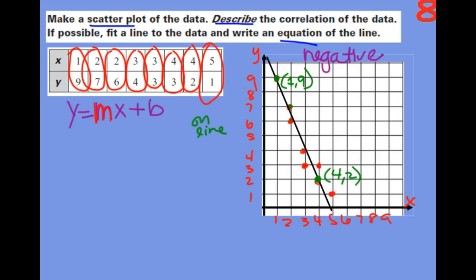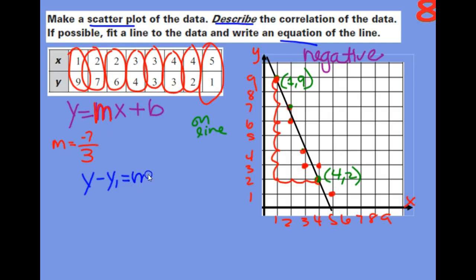I'm going to find my slope, rise over run. I'm really going down negative 7, and over 3. So there's my slope.